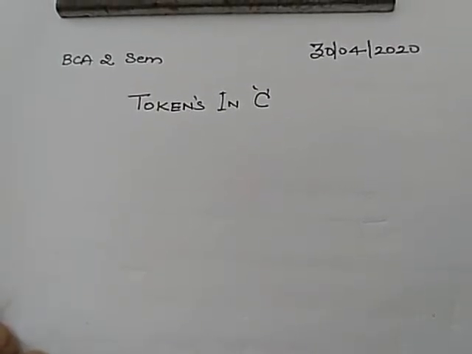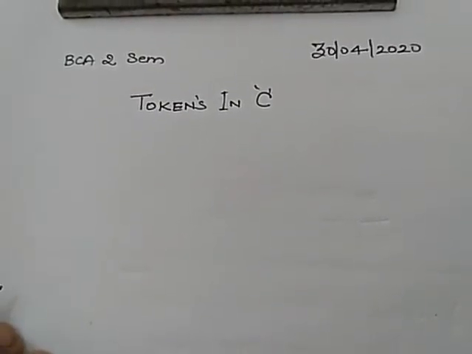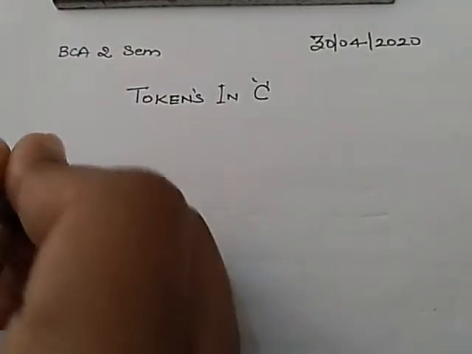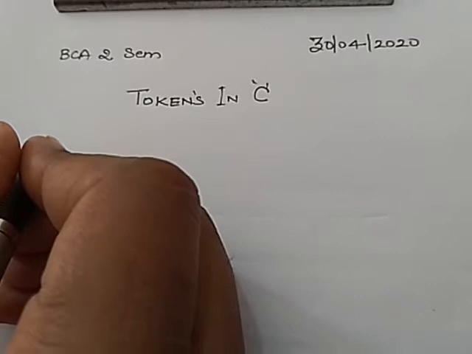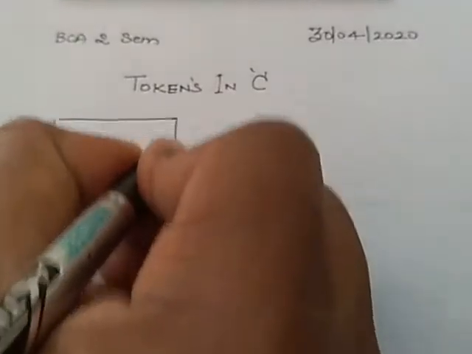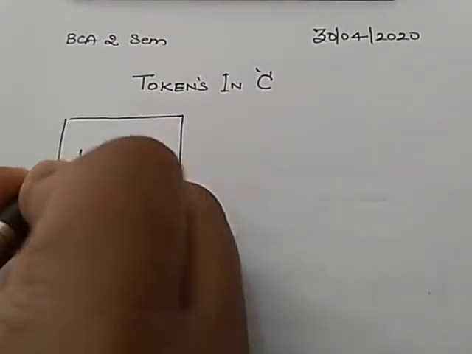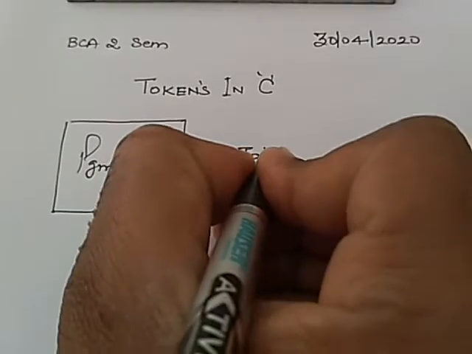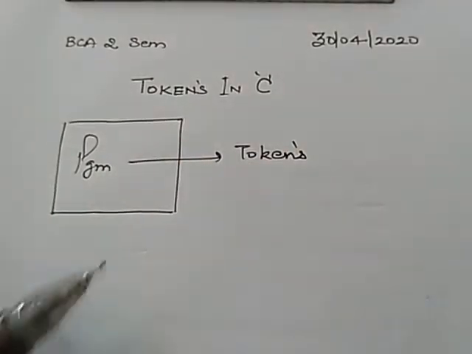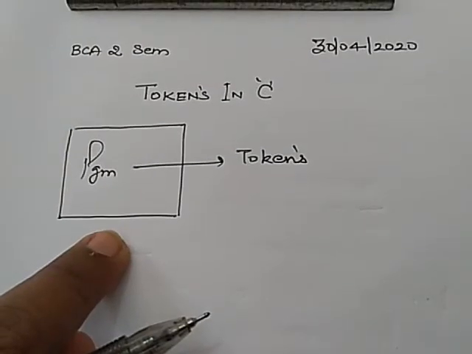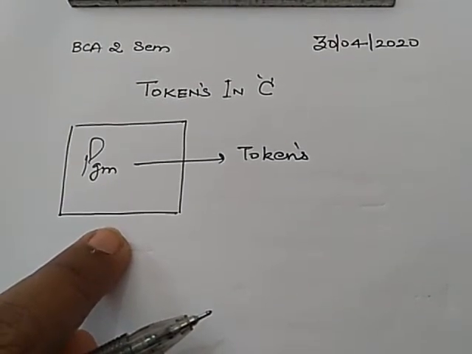Today we will study about tokens in C language. As we know, when we write a program in C, it is divided into tokens, and a token is the smallest individual element or smallest unit in C language.